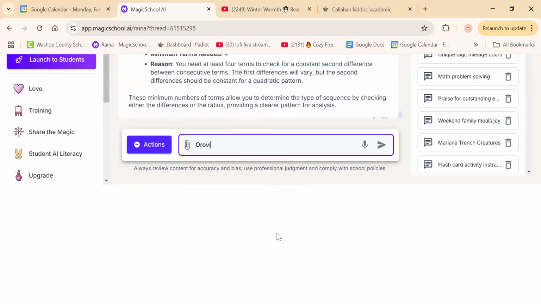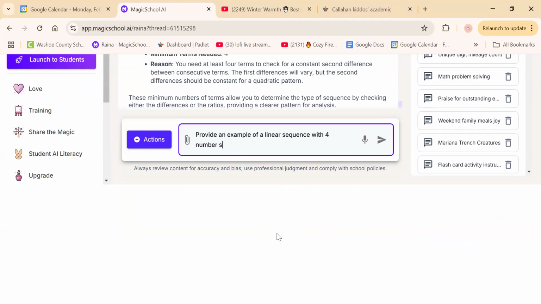Okay, provide an example of a linear sequence with 4 numbers. Is it 4 numbers? No, 2. Why 2? And the first, what did she say? The first numbers have to be the same? Well, the first 2 numbers are the same.